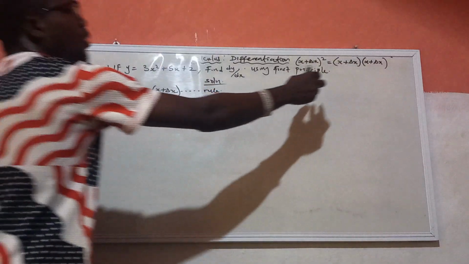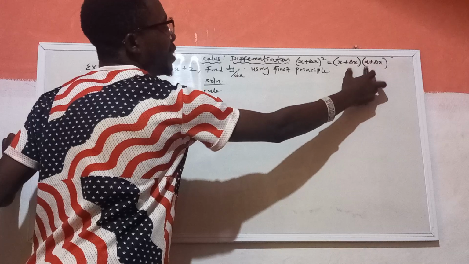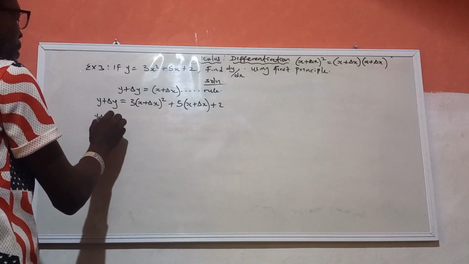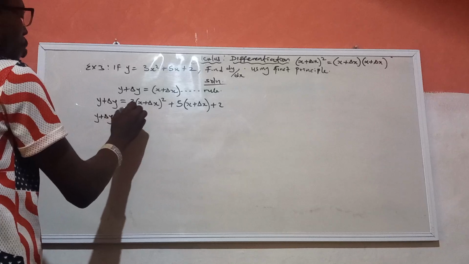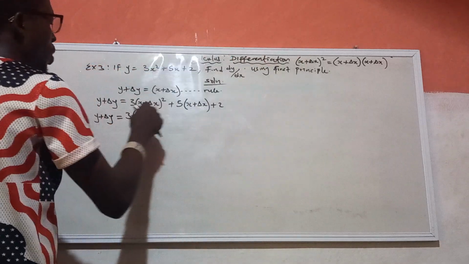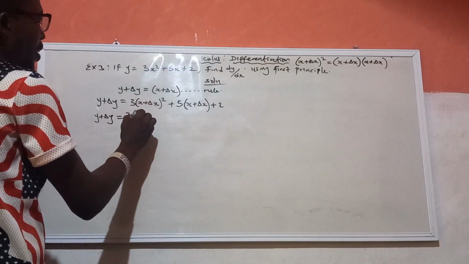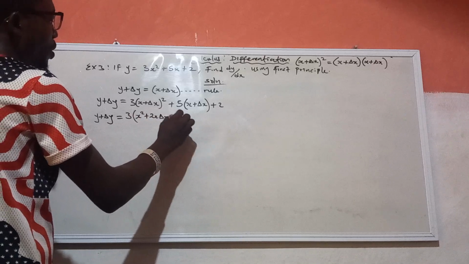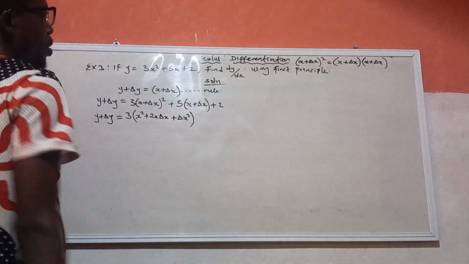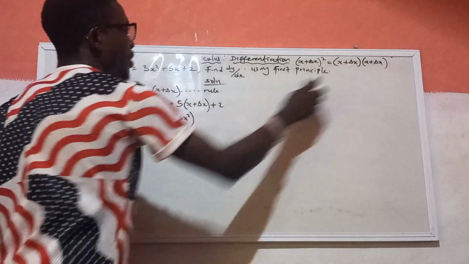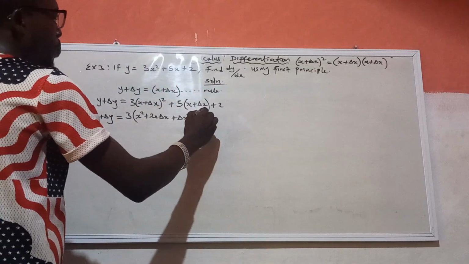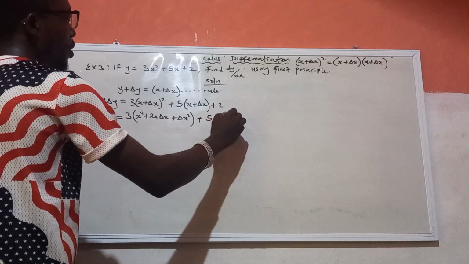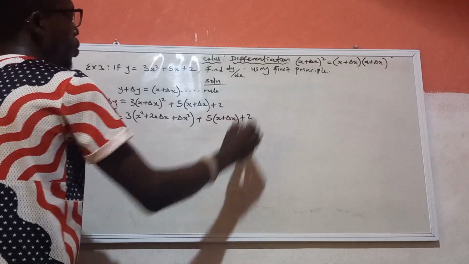By expanding these two brackets, the result will be change in y equals 3 open bracket, and when I expand these two, I will have x squared plus 2x change in x plus change in x squared, plus 5 open bracket x plus change in x, plus 2.